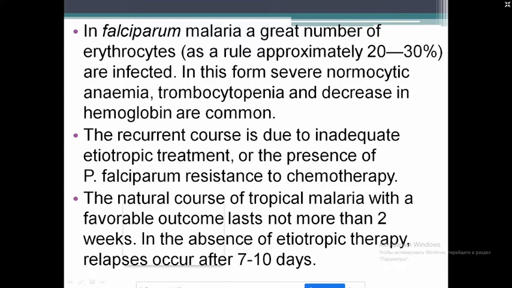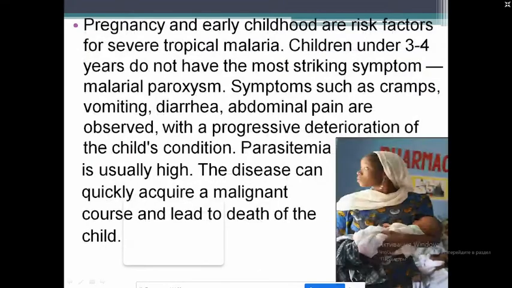The recurrent course is due to inadequate etiologic treatment or the presence of Plasmodium falciparum resistance to chemotherapy. The natural course of tropical malaria with favorable outcomes lasts more than 2 weeks. In the absence of etiotropic therapy, relapses occur after 7-10 days. Pregnancy and early childhood are risk factors for severe tropical malaria.